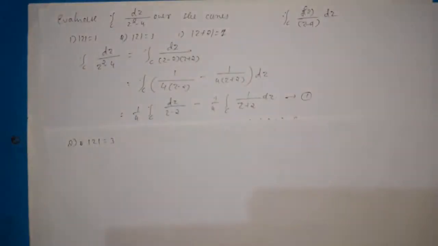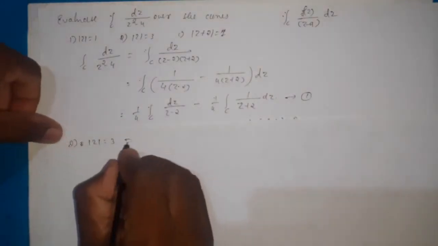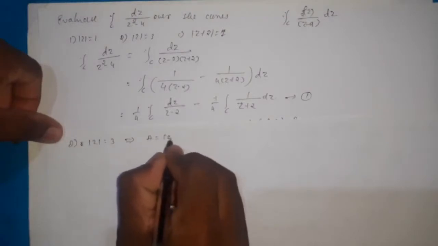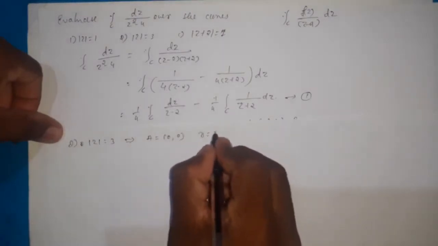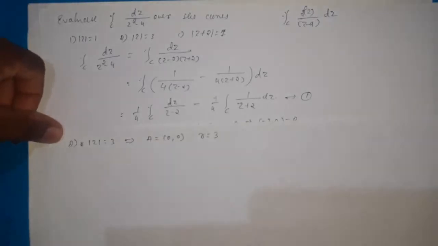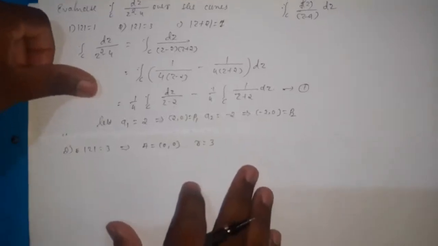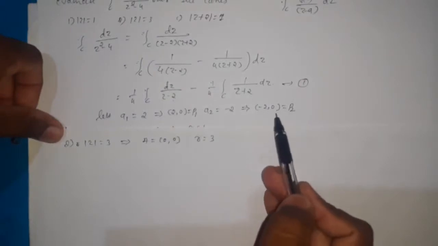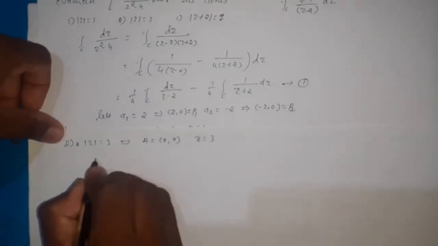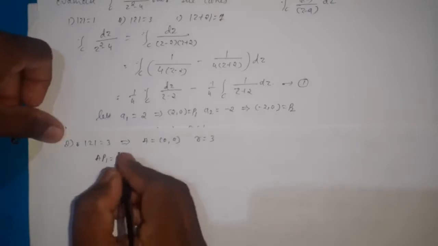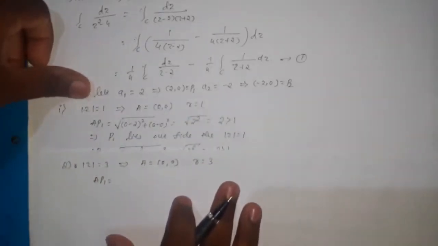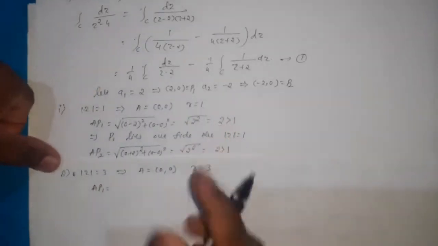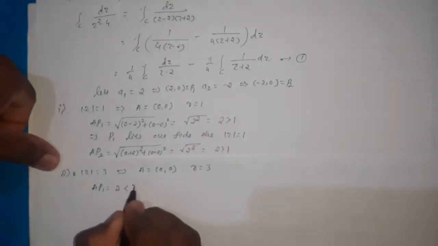The equation of the second circle is mod z equal to 3. So here it implies that the center is 0 comma 0 and radius is equal to 3, right? And we know the points P1 equal to 2 comma 0 and P2 equal to minus 2 comma 0. So here AP1 we have already evaluated in the first case, that is 2, which is less than 3.